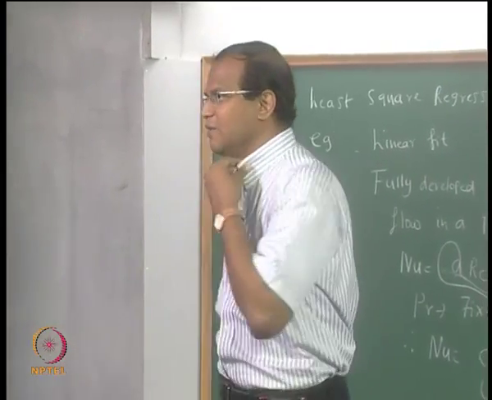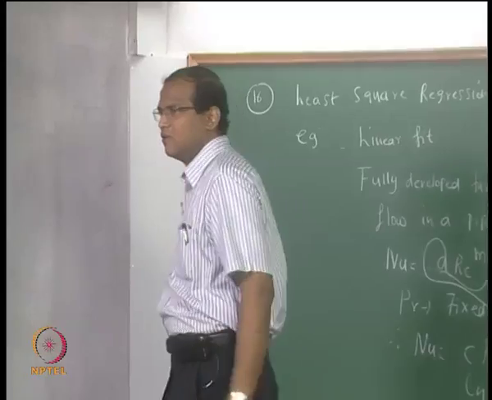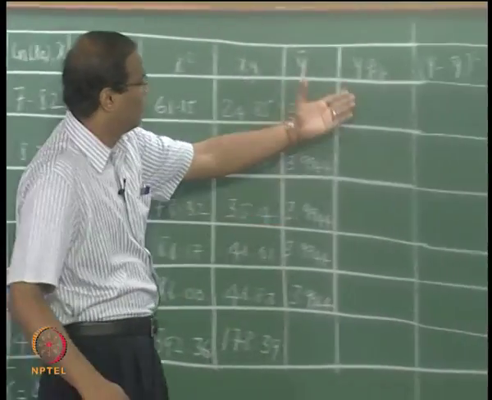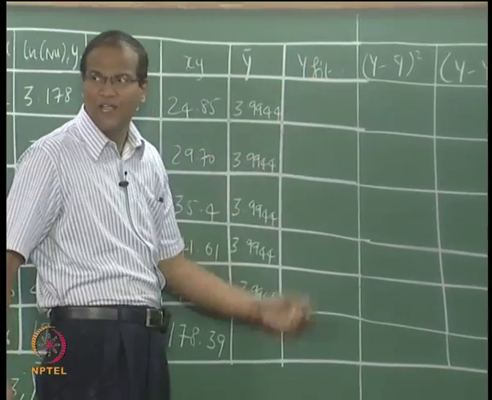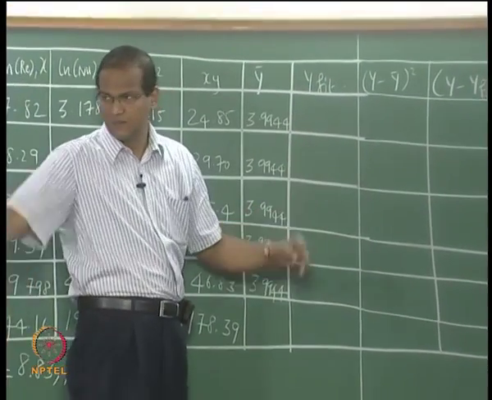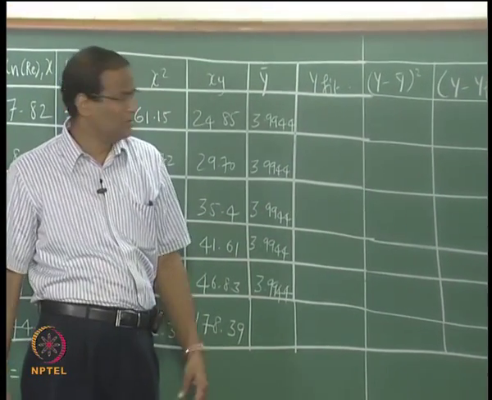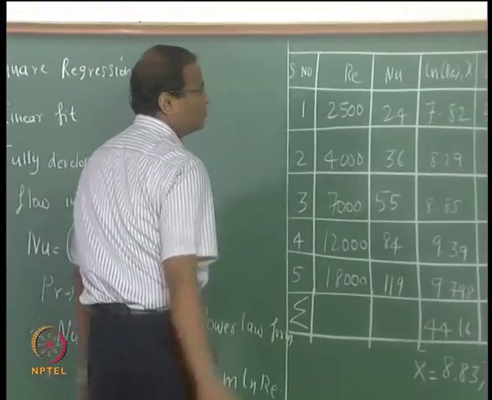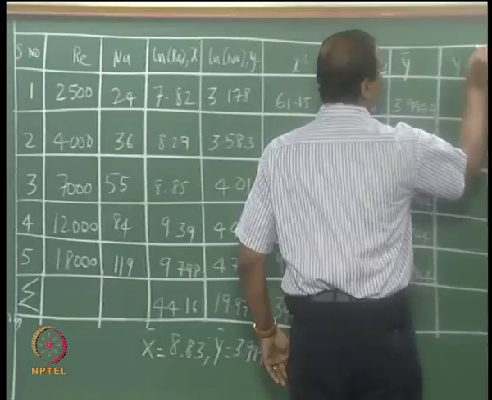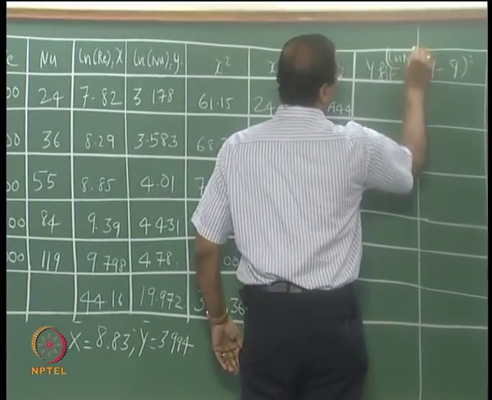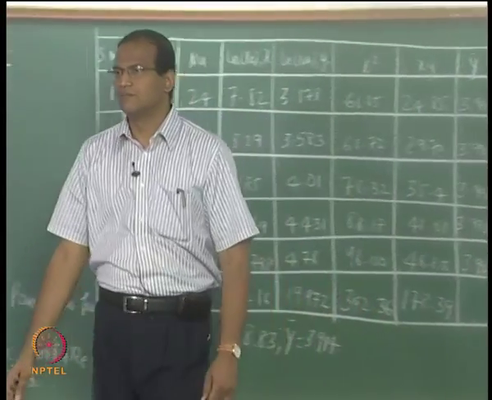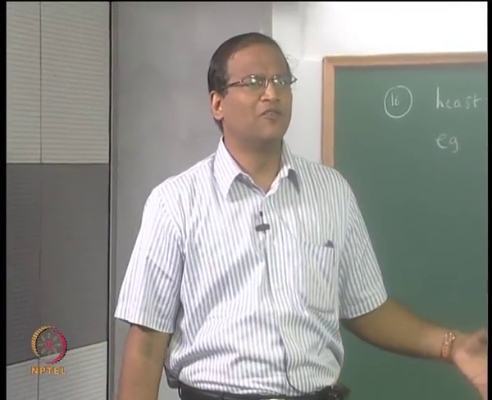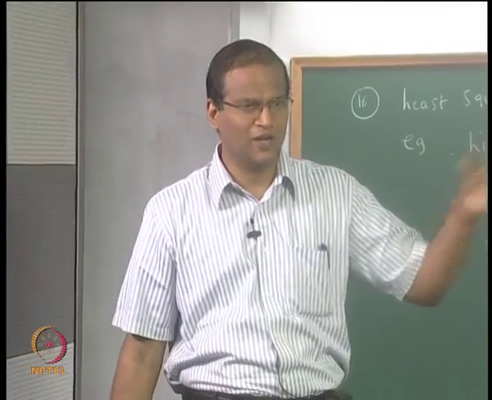Deepak, can you tell me? No, now we will say that what will be the regressed values of y according to that equation. No, this y is this ln of Nu. Okay, so ln Nu. Take 0.0464 times Reynolds number to the power of 0.8, then take ln of that.